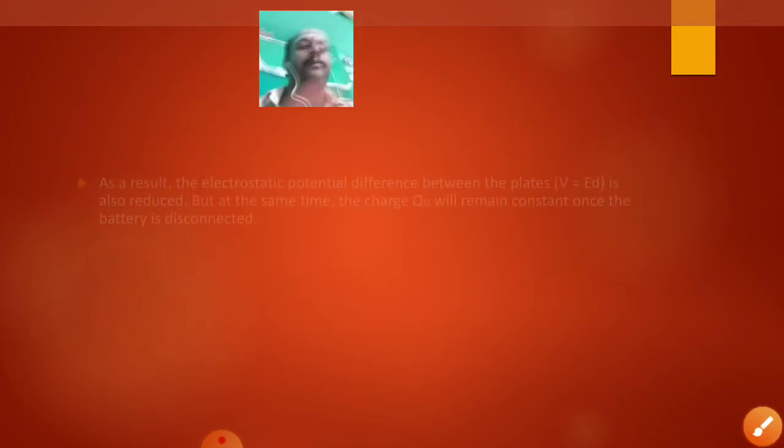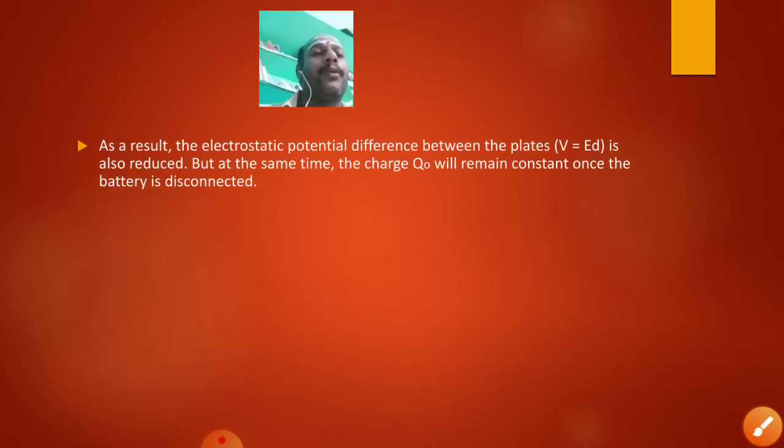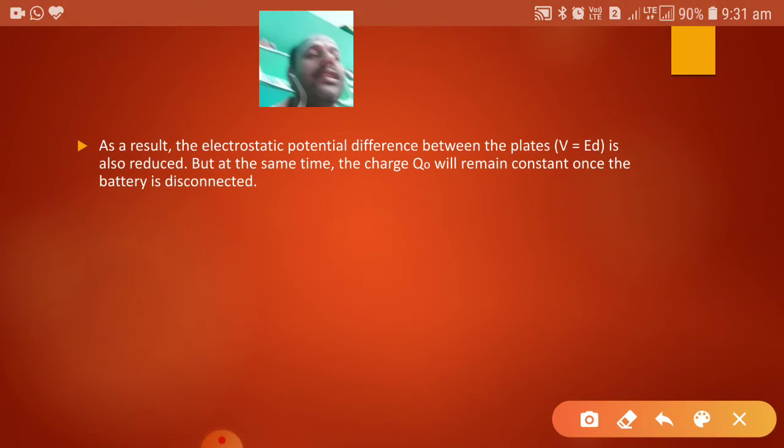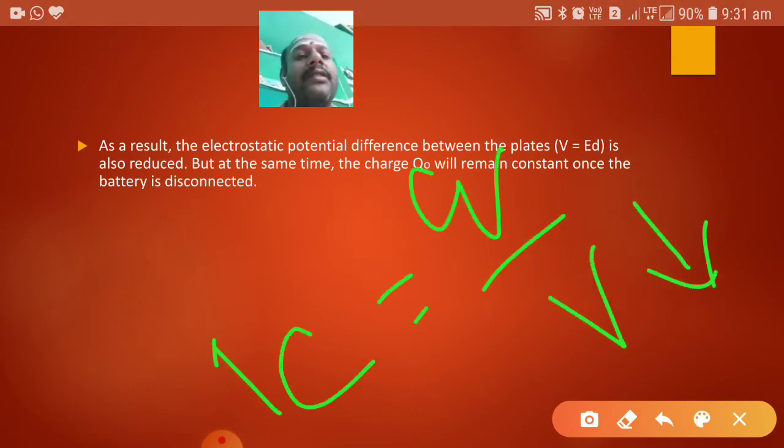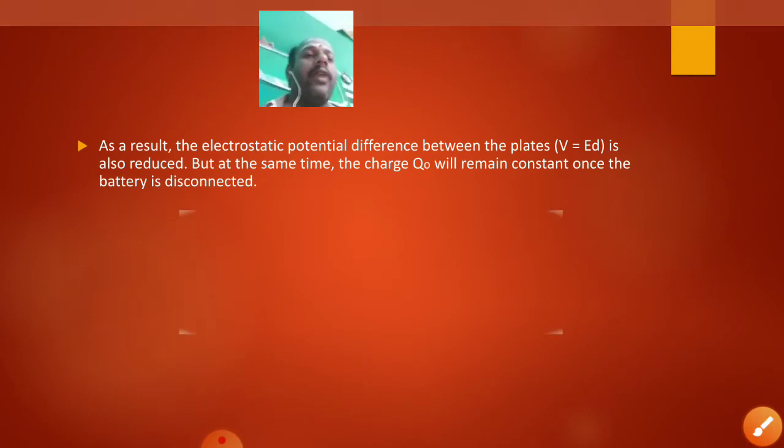As a result, the electric potential between the plates is decreased. According to the relation C is equal to Q by V, when the potential decreases, the capacitance will increase.